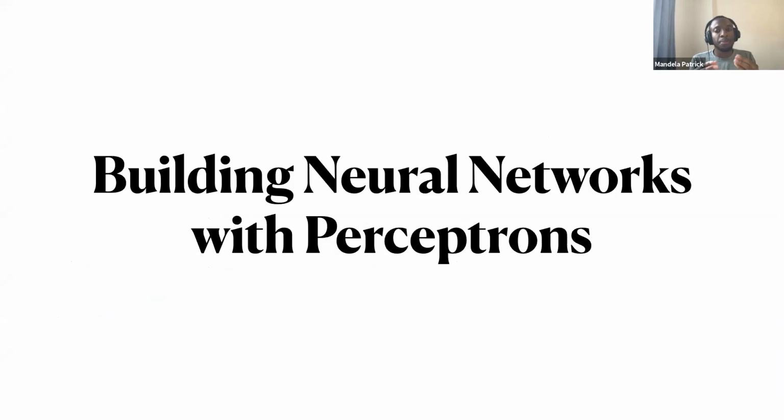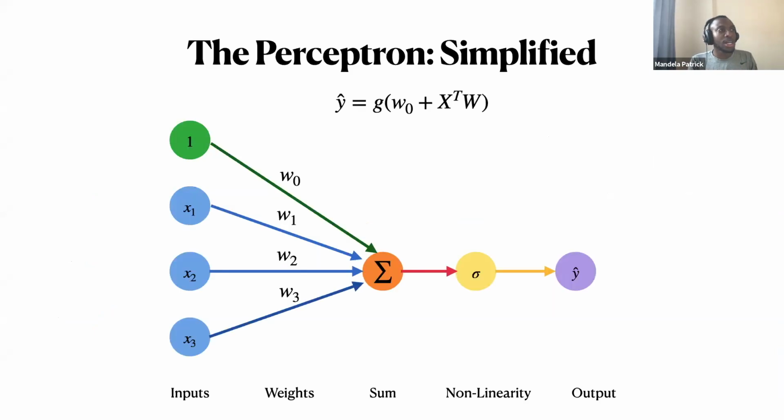As we said, the perceptron is the basic building block of the neural network, and for the most part it's pretty straightforward. We have some inputs, we weight each input, we sum them, we apply a nonlinear activation function, and that gives us our output. Let's recap. We have our inputs x1, x2, x3. We multiply each by a weight w1, w2, w3, and then add our bias term.